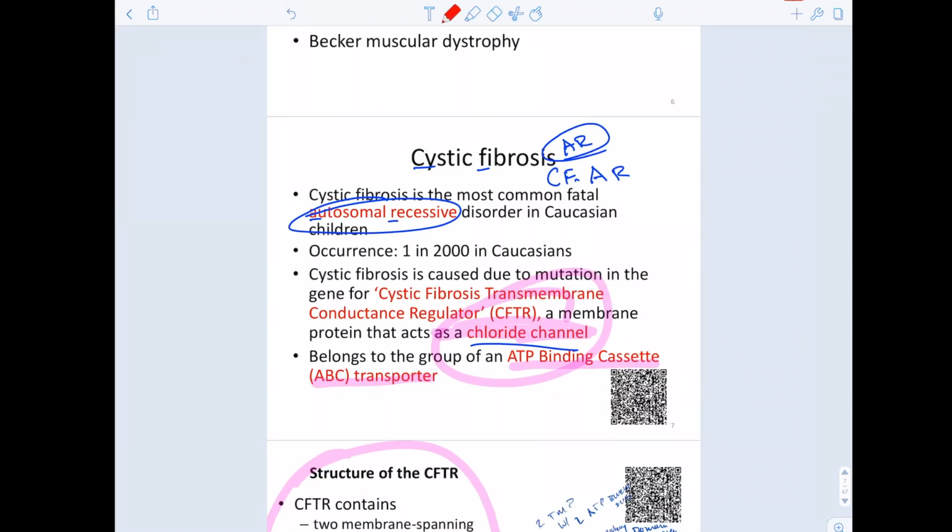I just like to take the name of whatever disease we're talking about, and you always want to pay attention to what type of inheritance goes along with that disease, right? So cystic fibrosis is an autosomal recessive disorder. And one trick I like to do, I just kind of picked up just to help me out, is I like to take the first 2 letters of the name of the disease and add what type of inheritance it is.